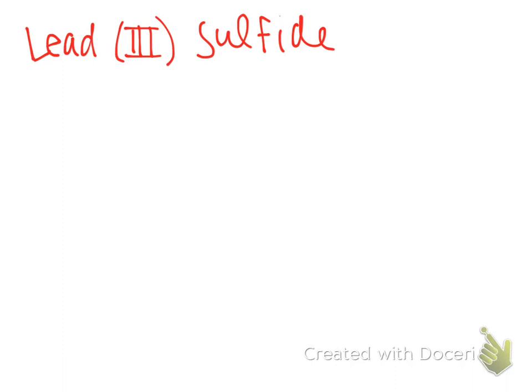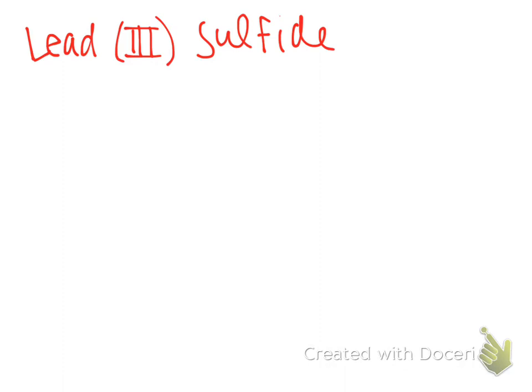I should also point out right here I'm using lead 3. You see on your ions, lead 3 is not even an option, right? These are your most common ions. They can have other ones too, so you just trust what the Roman numeral tells you. Okay, these are your most common ions, but lead 3 also exists, it's just not as common. So you trust what your Roman numeral tells you.